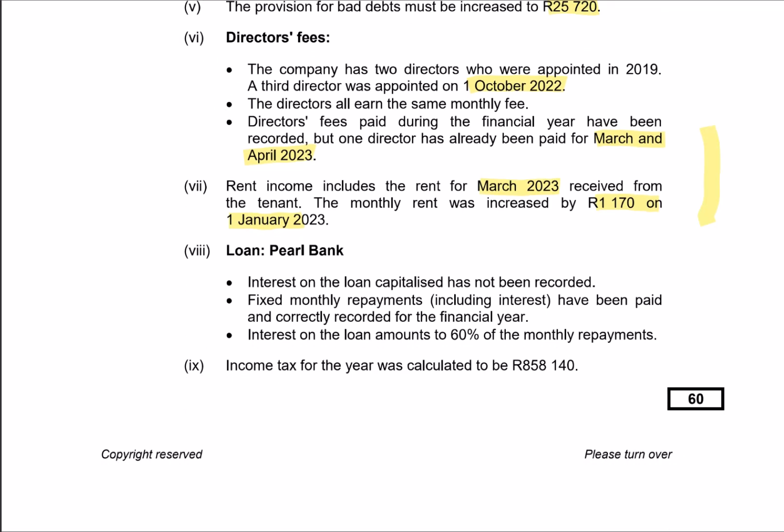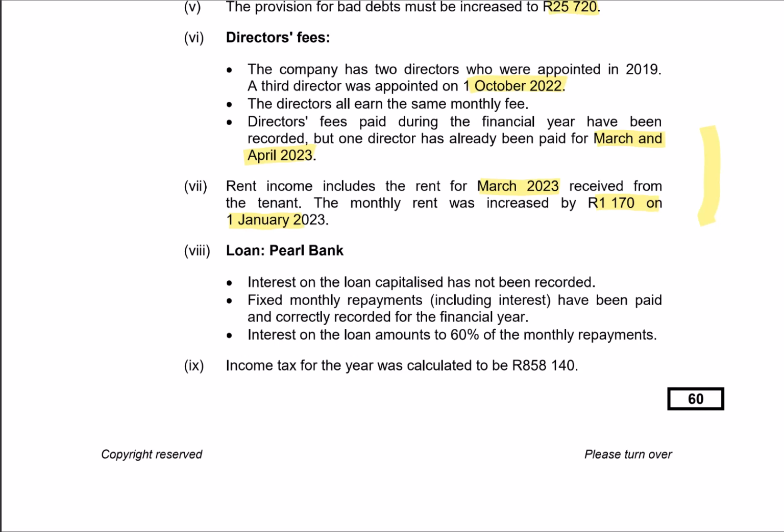Right, loan per bank. Interest on the loan capitalized has not been recorded. Fixed monthly repayments including interest have been paid and correctly recorded for the financial year.